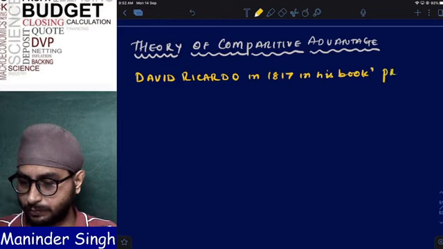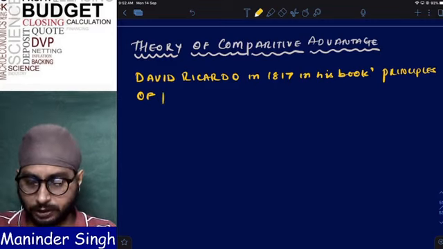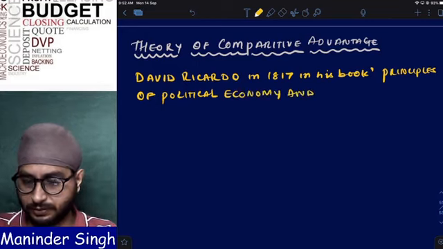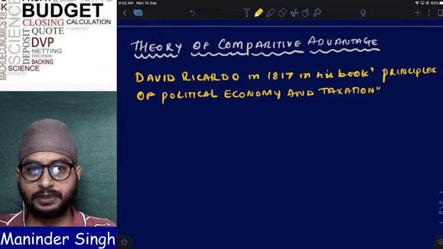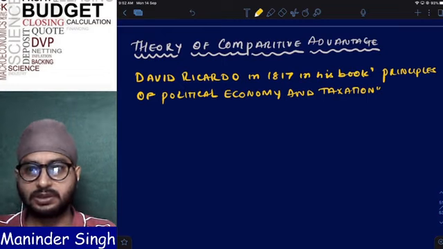Principles of Political Economy and Taxation. Clear? So who gave this theory? David Ricardo. In which year? 1817. In which book? The Principles of Political Economy and Taxation.